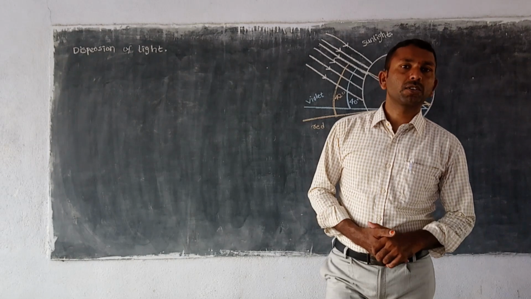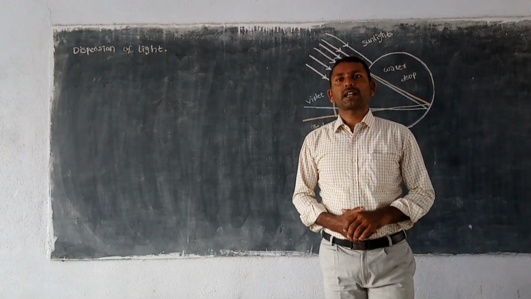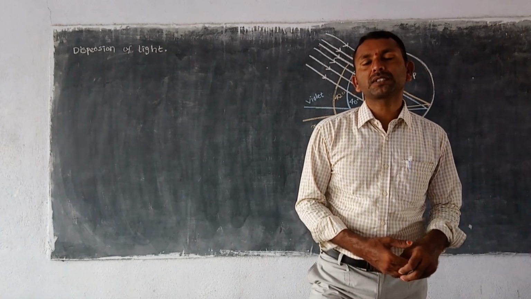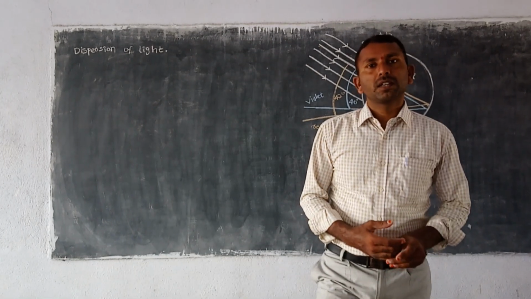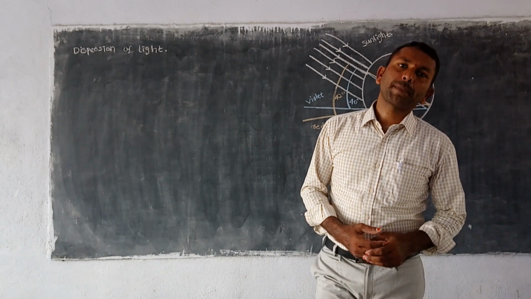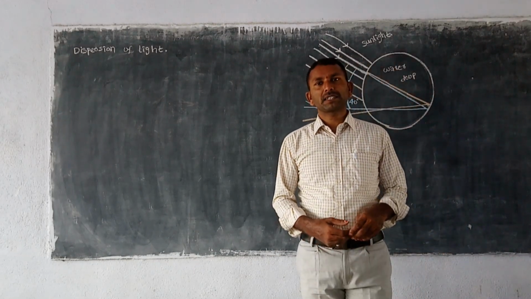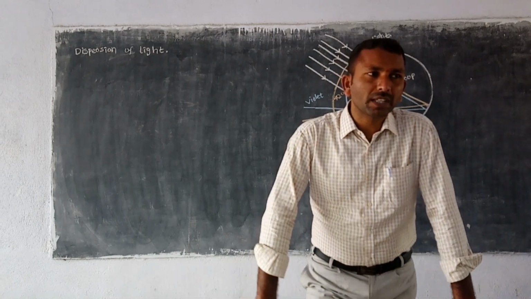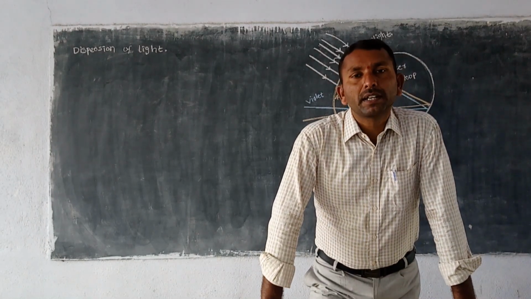We learned about defects like myopia, hypermetropia, and presbyopia, and we can correct those defects by using biconcave and biconvex lenses. We used the lens to correct those defects.